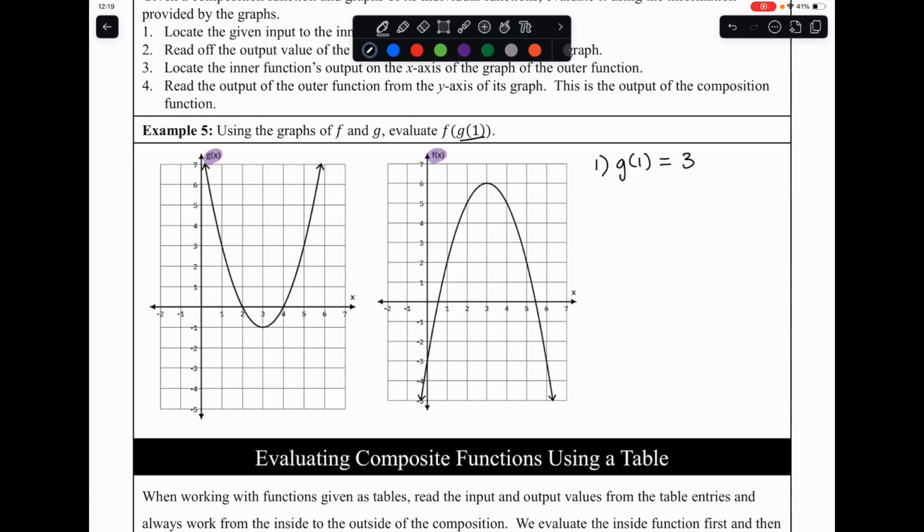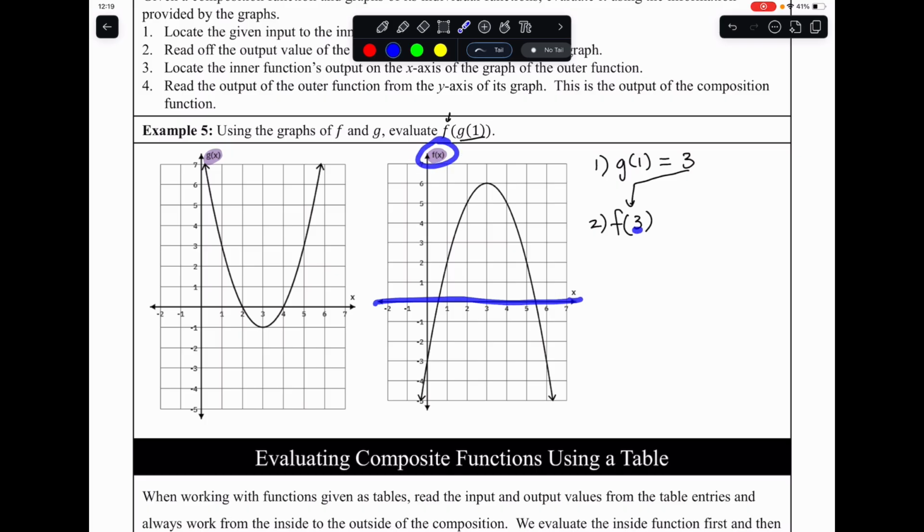So we know the output value is 3. Now we're going to use this answer, 3, and plug it into the outer function, which is f, as the input value. So now we look at function f, which is this one right here.